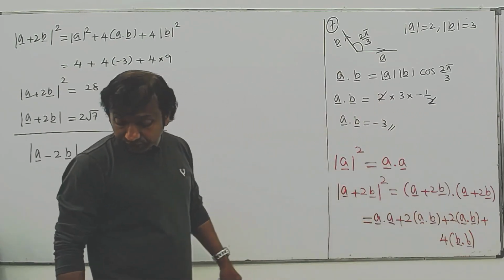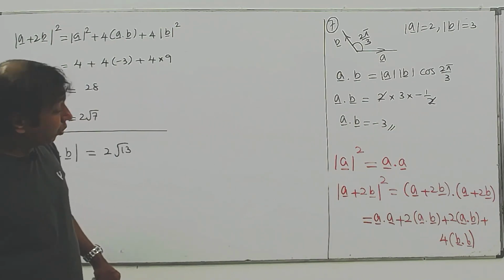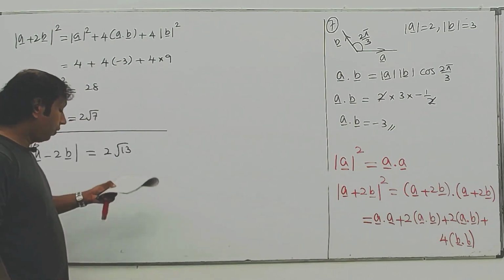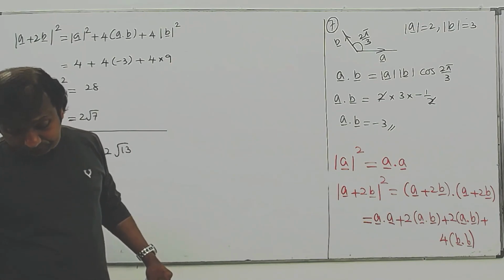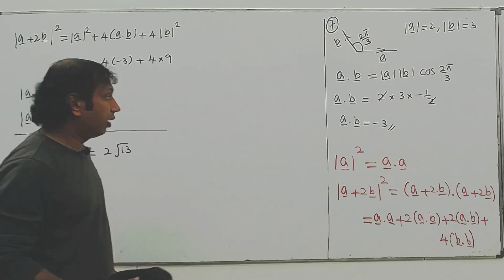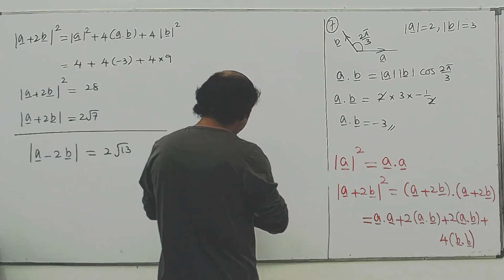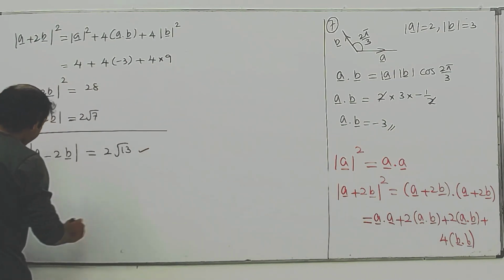Now what is it asking there? The modulus we found, these two. The next one is asking A plus 2B dot A minus 2B. A plus 2B dot A minus 2B is asked again. Now this you can do, right?